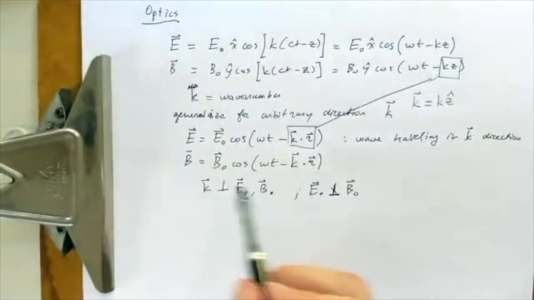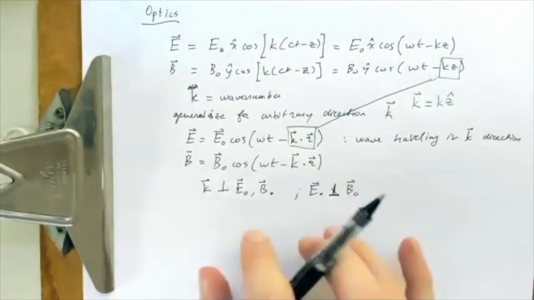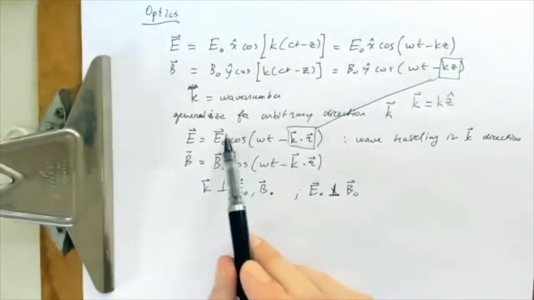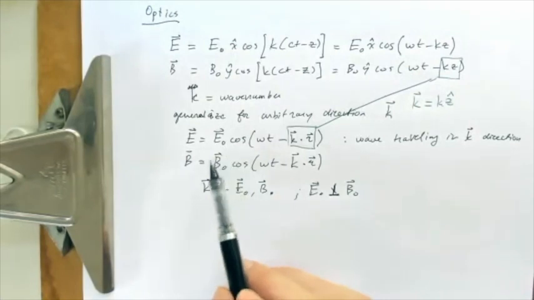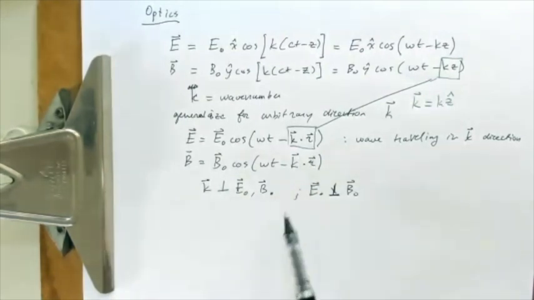So as long as you pick these vectors perpendicular to one another, so you don't have full freedom in picking this E naught, this B naught, this K, and this K, this is the same K. They're not independent. They need to be perpendicular to each other.